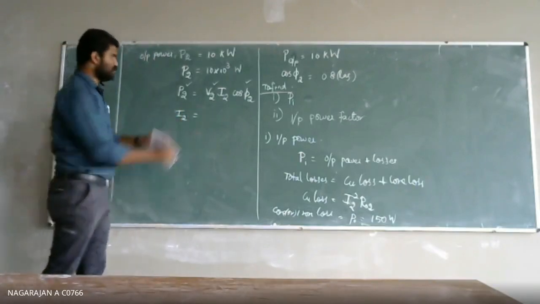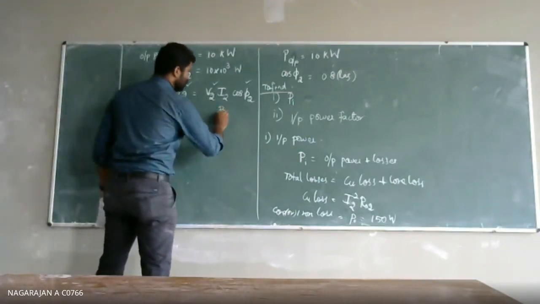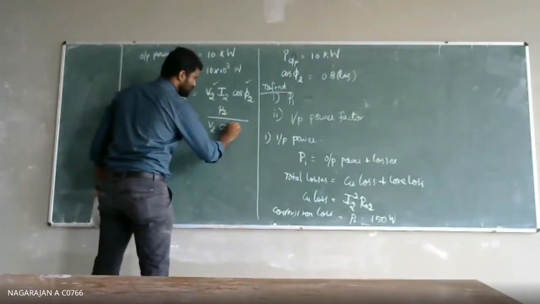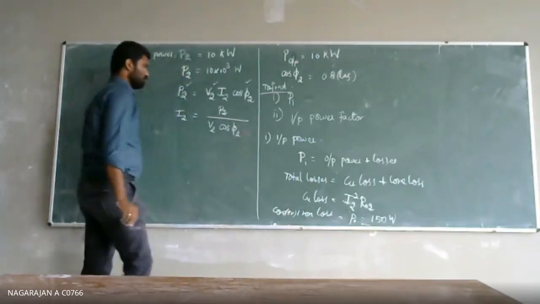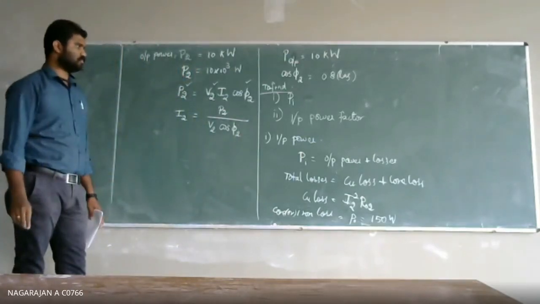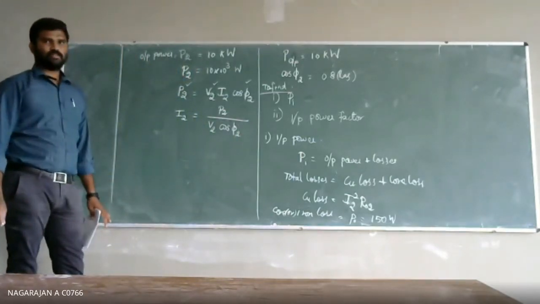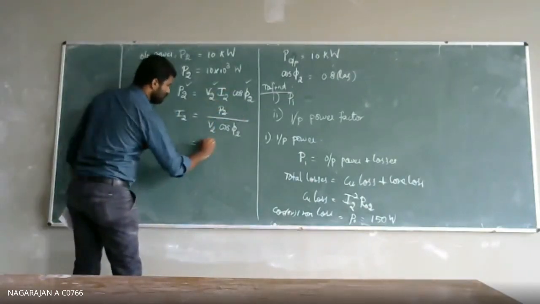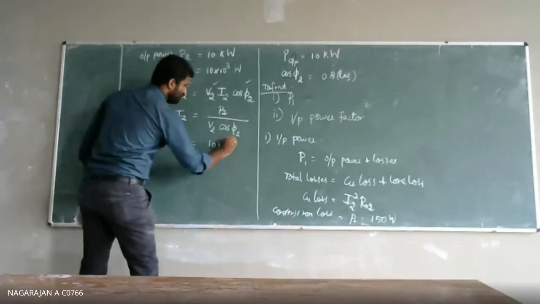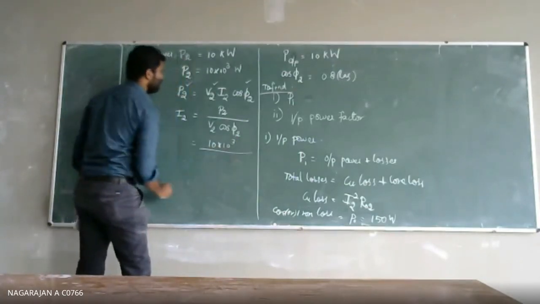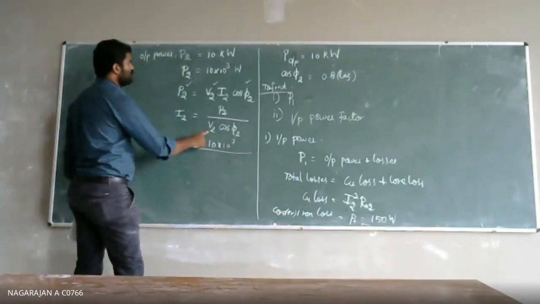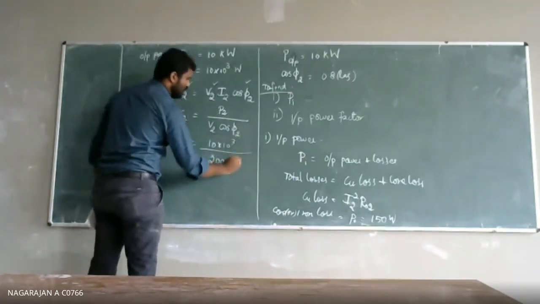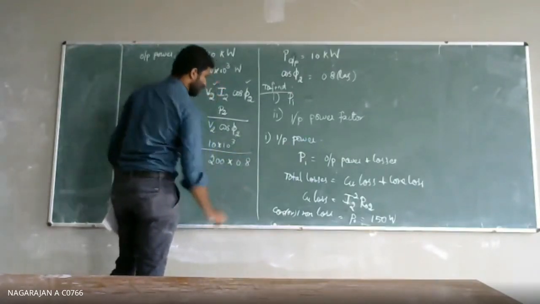I2 is equal to, from this equation, P2 divided by V2 cos phi 2. So substitute all the values. 10 into 10 to the power 3 divided by V2 value, which is 200, and cos phi 2 is 0.8.